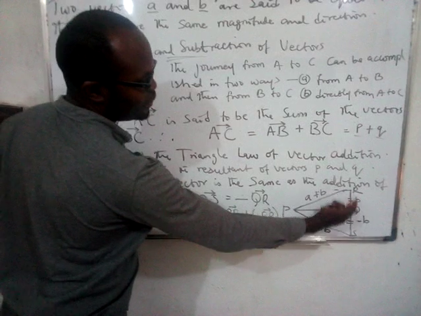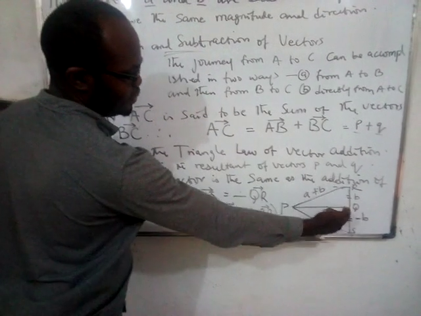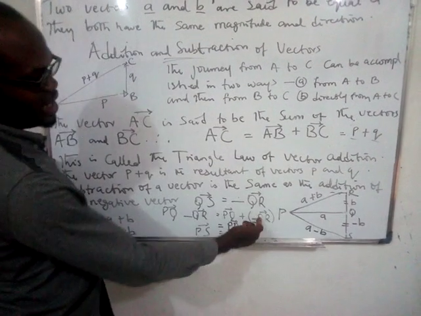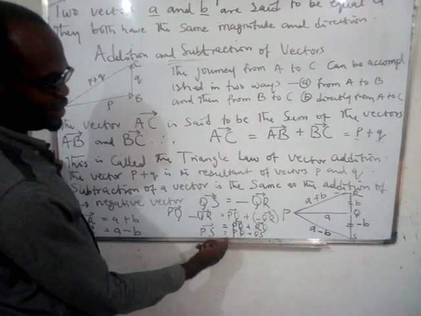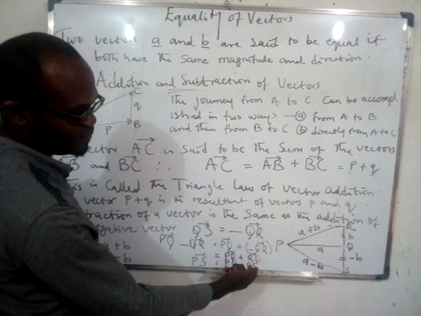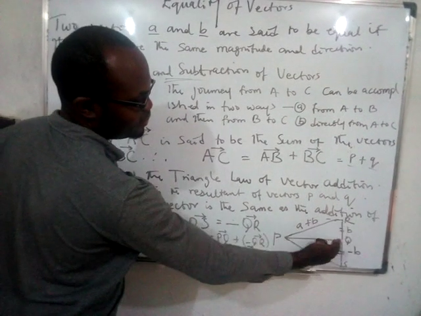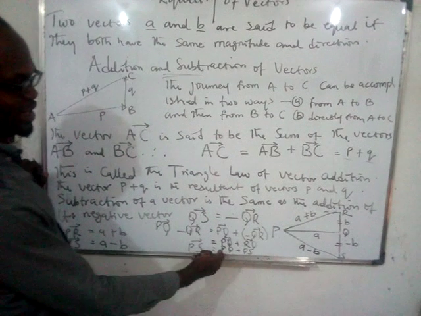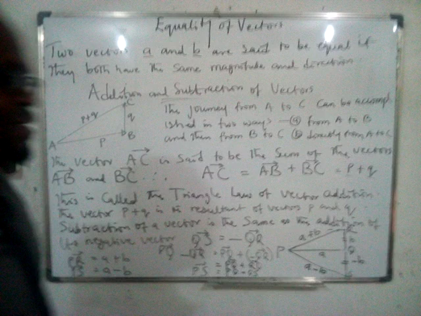You know that RQ is the same thing as saying the negative of QR. So you can now say that PQ plus RQ, which is PQ plus QS, is the same thing as saying PS.